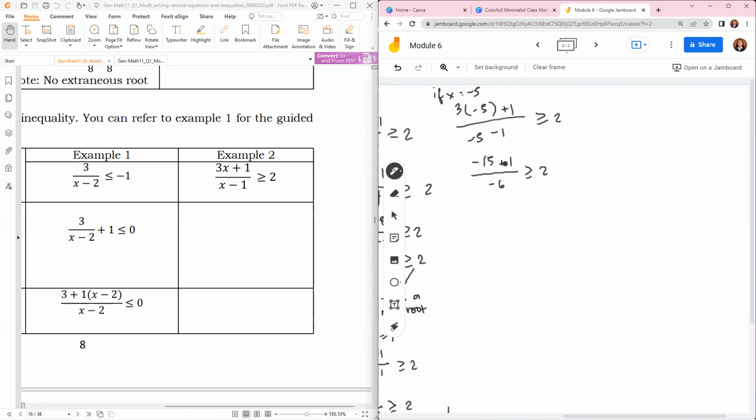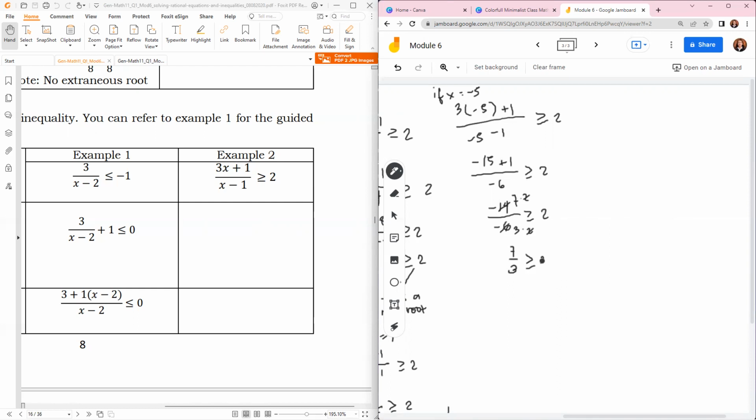So -15 plus 1, that would be -14. And over -6. Makancel out man ni negative over negative, that would be equal to positive. And then 14 would be just 7 times 2, di ba? And then 6 would be 3 times 2. So makancel out si 2. Mabilin si 7 over 3.